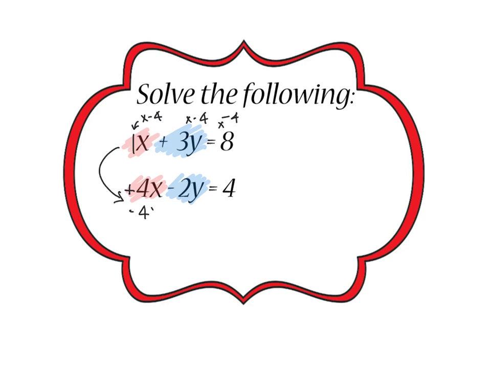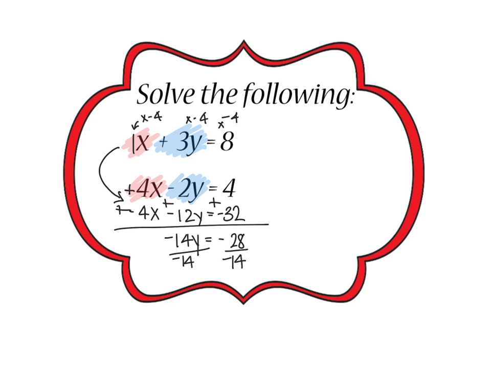So I get negative 4x minus 12y equals negative 32. And now I can go ahead and add those because my 4's will cancel out. I get negative 14y equals negative 28. And when I divide both sides by 14, I get y equals 2.